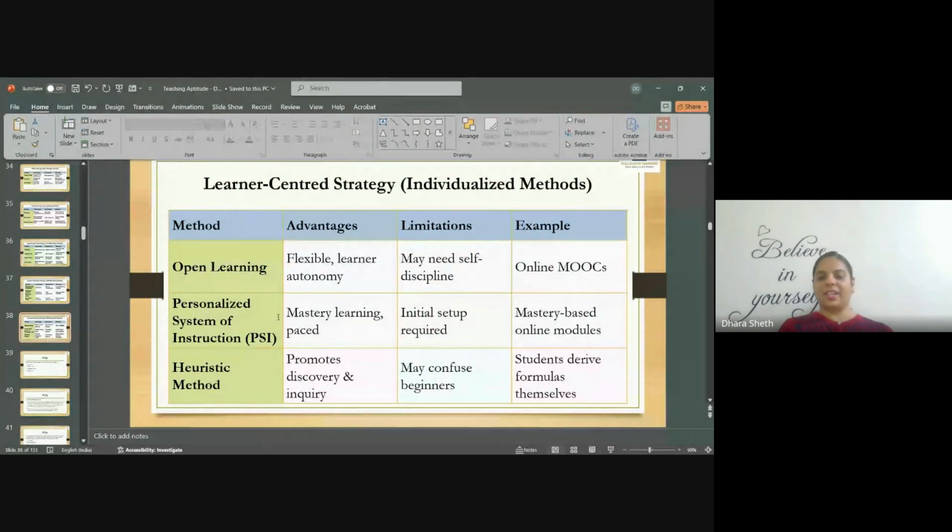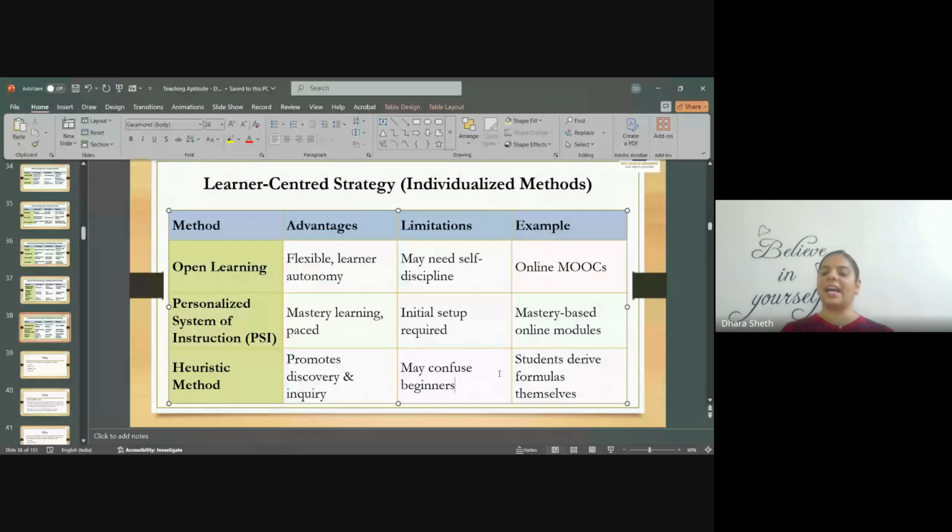Personalized system of instruction, mastery learning, it is paced level by level, but the initial setup is required. And mastery based online modules, like you master level 1, then level 2, then level 3. And heuristic method, discovery learning, promotes discovery and inquiry, may confuse beginners because they wouldn't know what to discover till they actually discover.